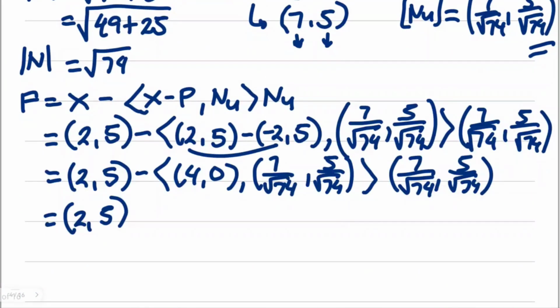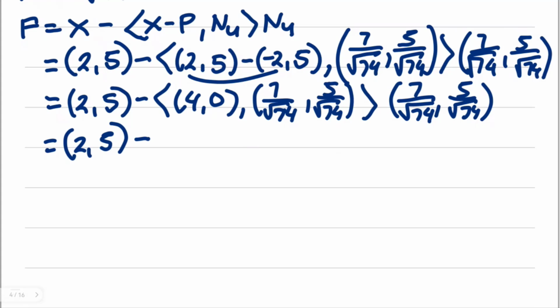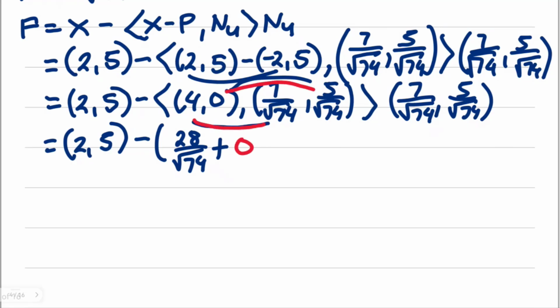Let's continue here. So you have minus, the inner product is actually 4 times 7 over square root of 74, which is 28 over square root of 74, plus 0 times 5 over square root of 74. 0 times that is 0. That's why it's nice to have a 0 in the computation. Now again, the inner product is a scalar, it's the sum of the products, so we don't need square roots for that.